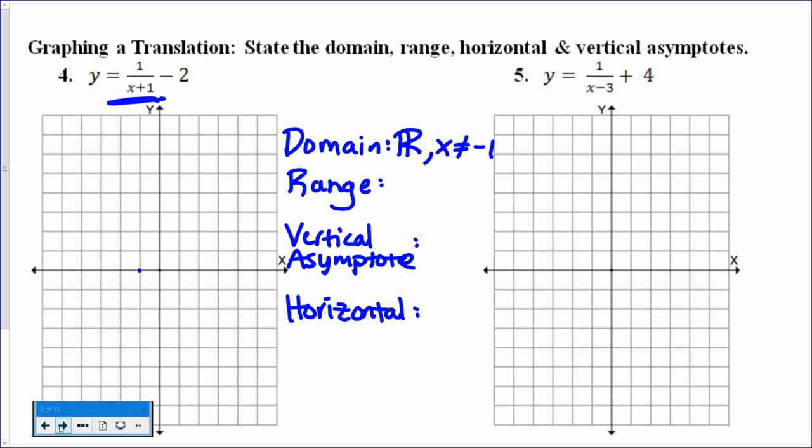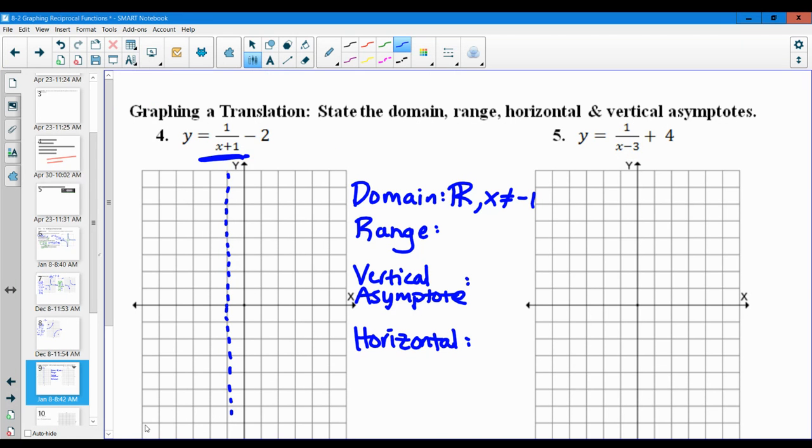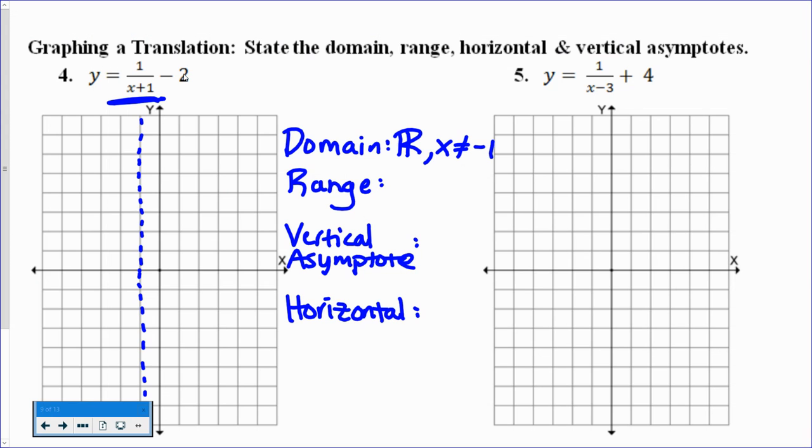So here's where -1 is on x. So I'm going to draw in a dashed line. So that represents my vertical asymptote. That is the line that I can't cross because I can never have any points go through that, because that would mean my x value would be -1. So the line would be x equals -1 for your vertical asymptote.